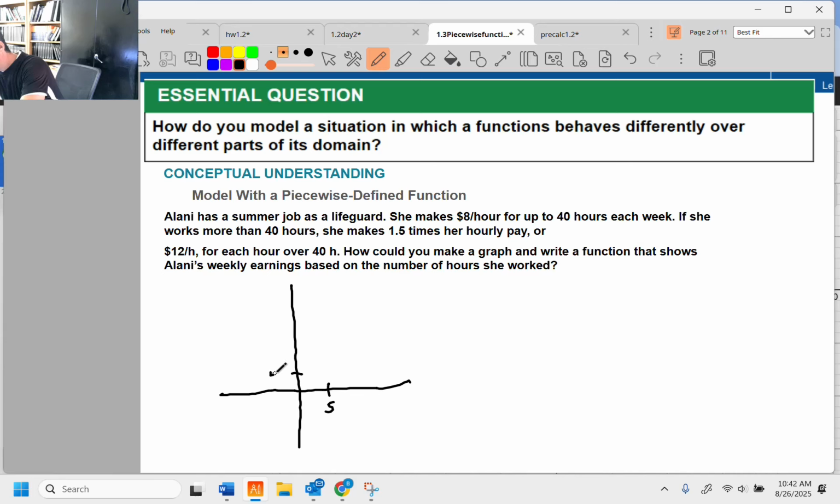So 5 would be 40 bucks. 10 would be what? 80. 15 would be 120, 20 would be 160 and so forth. It looks something like this, okay? Now, here's the problem. Let me redo this one.